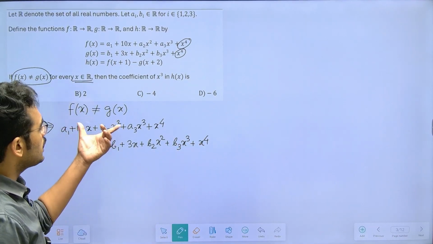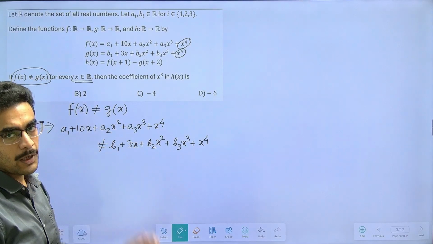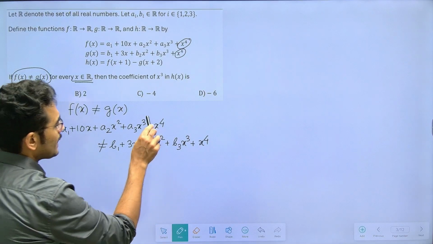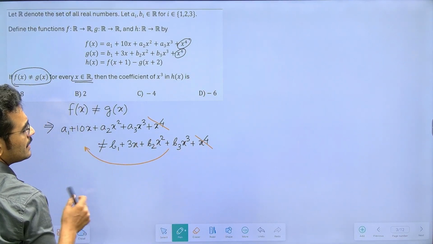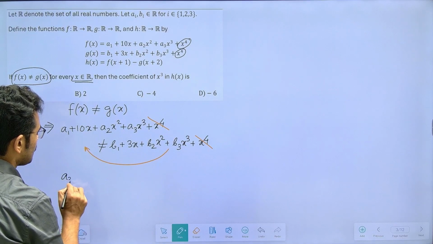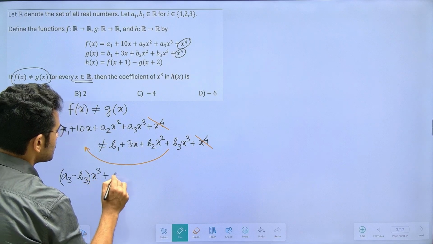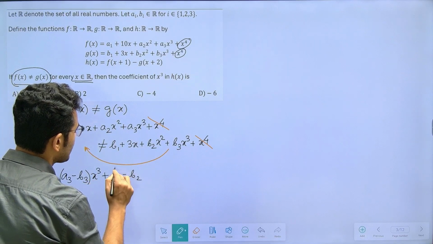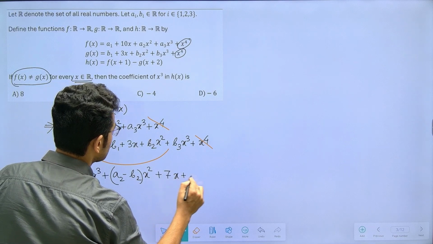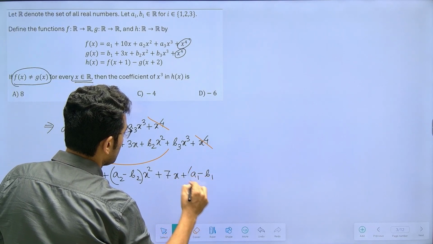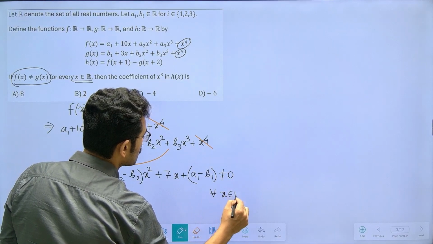So this polynomial can never be equal to this polynomial for every x belongs to R. If you cancel out x to the power 4 and bring everything to the left hand side, then clubbing the terms we will get (a3 minus b3)x cubed plus (a2 minus b2)x squared plus 7x plus (a1 minus b1). This is not equal to 0 for all x belongs to R.